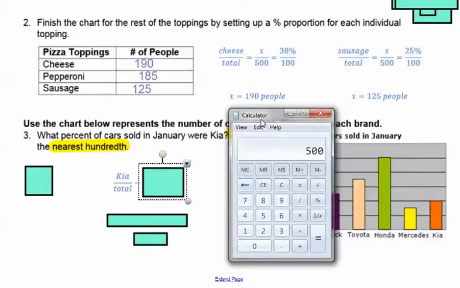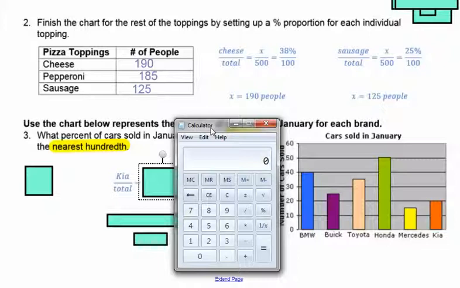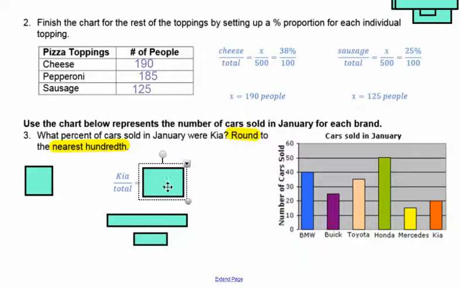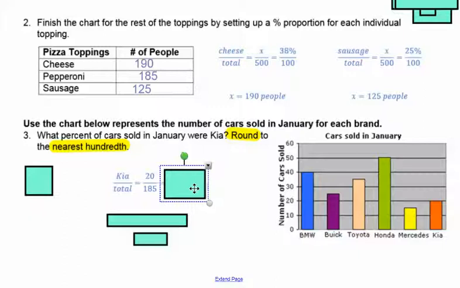So we got to do 40 plus 25 plus 35, plus 50 plus 15 plus 20. You can be doing this on your own while I'm doing it too. We should have gotten 185. So 20 Kias were sold out of 185 total cars that were sold.